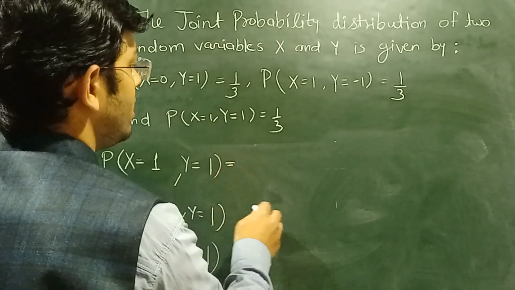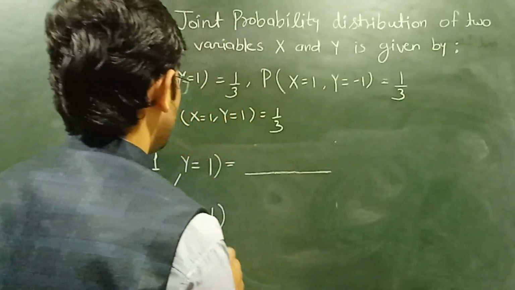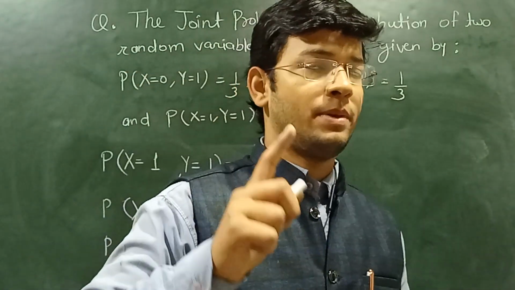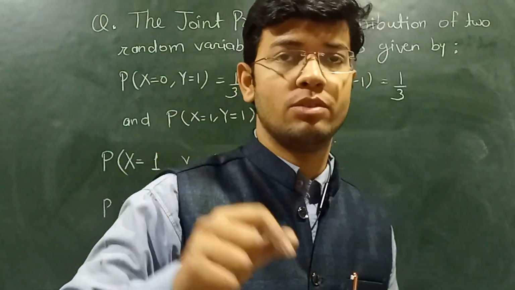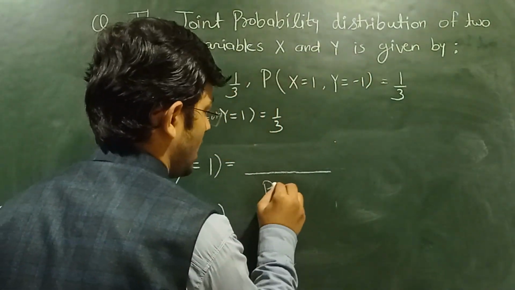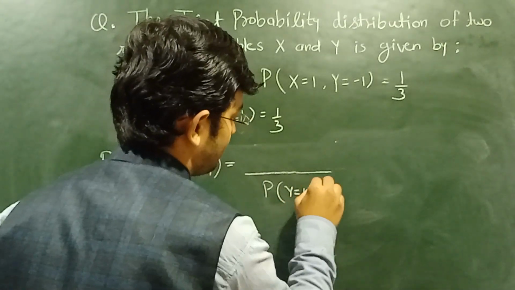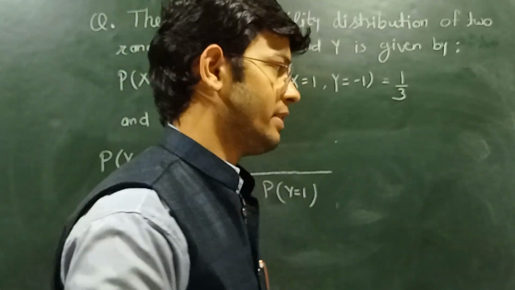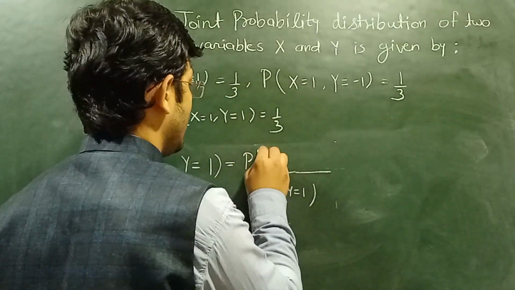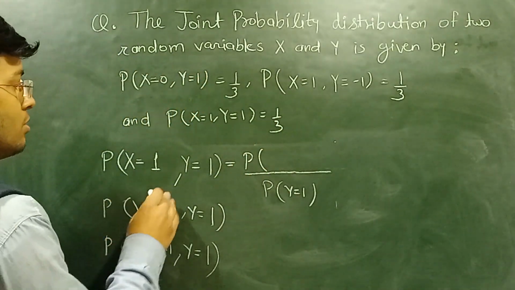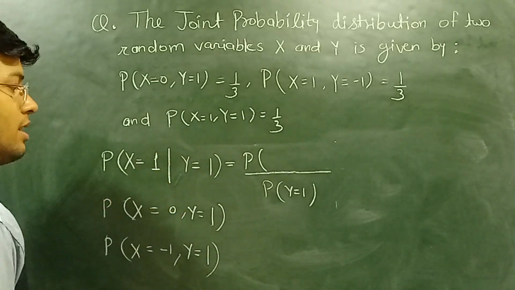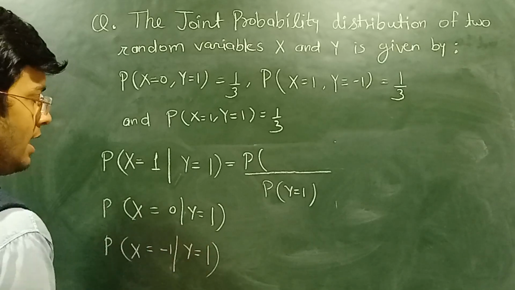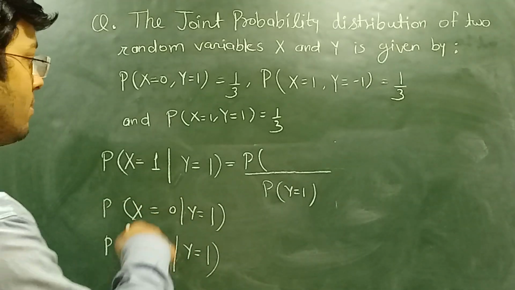So how can we find these values? First of all, we are given that y is equal to 1. So firstly we write P of x given y equal to 1, and this is the conditional probability, so we write it in this form.